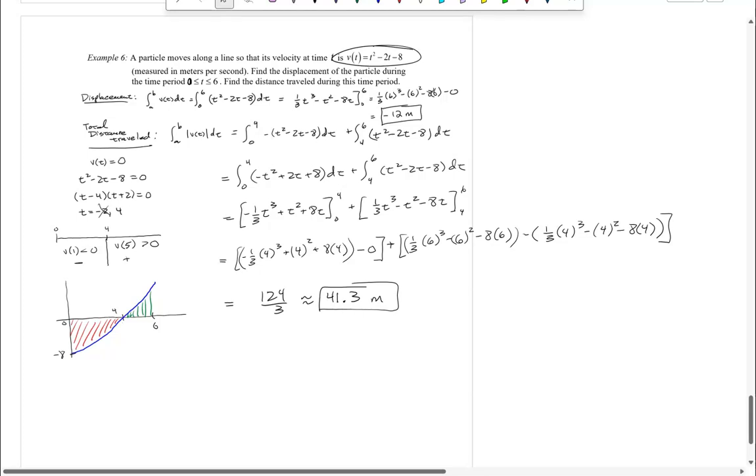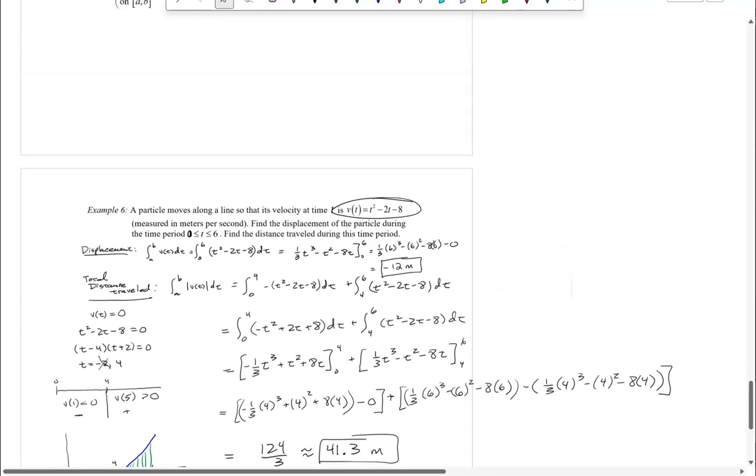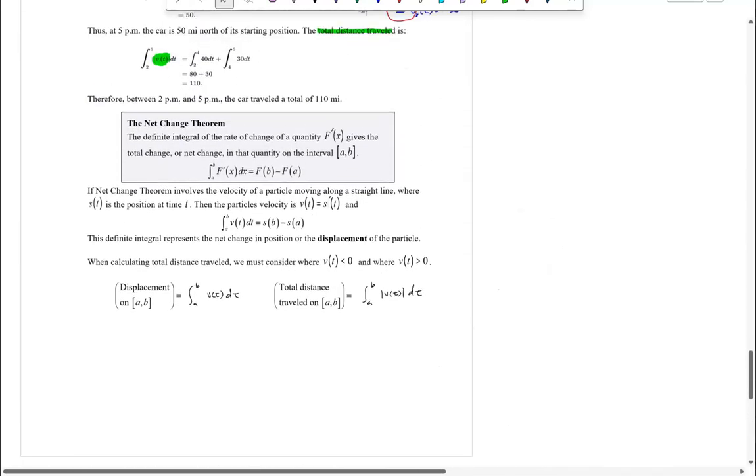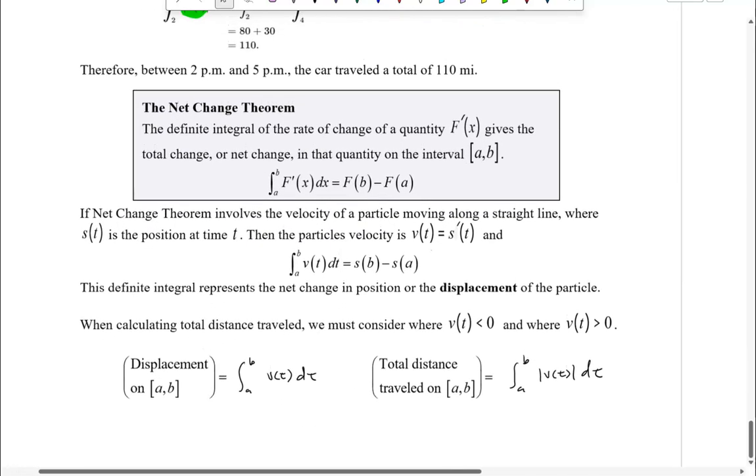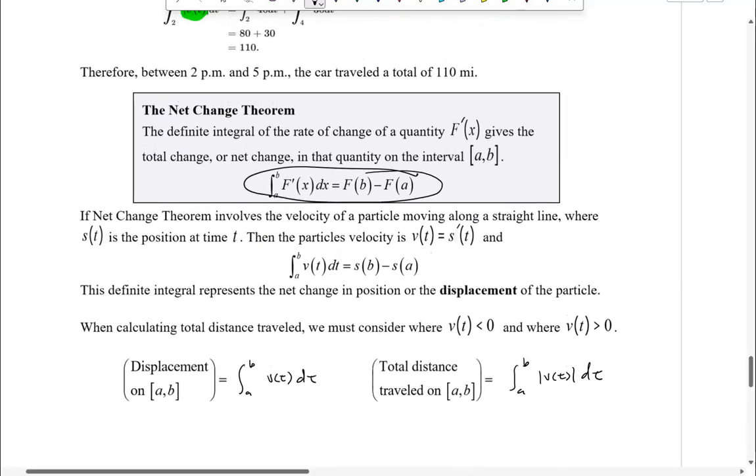All right. The main takeaway from this last little bit regarding the net change theorem is that it's basically saying the same thing as the fundamental theorem of calculus. Here we're applying it with respect to velocity and position. To get the displacement, meaning where the object ends up after it travels along its path, we just integrate the velocity function.